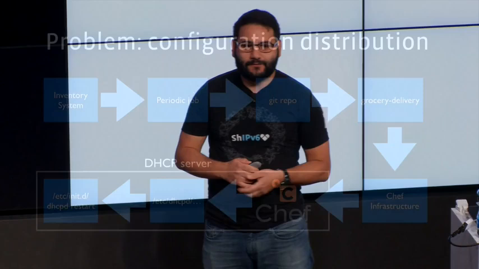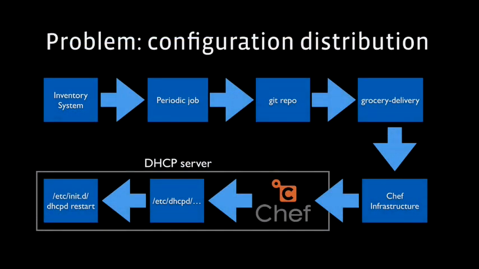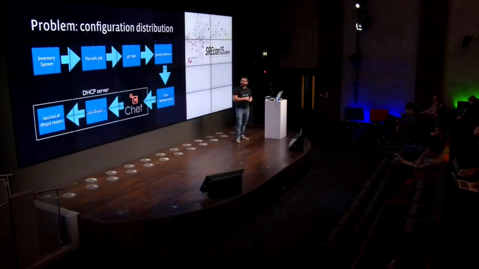Write them all in a temporary file, then push them into the Git repo. Then, propagation times, the master repo was propagated to different regions. Then we had Chef automation to bring those files into the cookbooks, and then Chef was running every 15 minutes on every DHCP server to fetch those files, put them into /etc/dhcpd, change whatever configuration part needed to be changed, and restart the server.